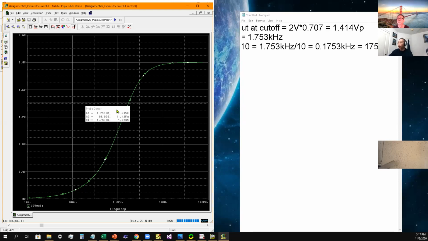So now we come back into our output here and go down to find the point where it is. Delete that one first, now put it back on. Scroll down until you get to 175 hertz.